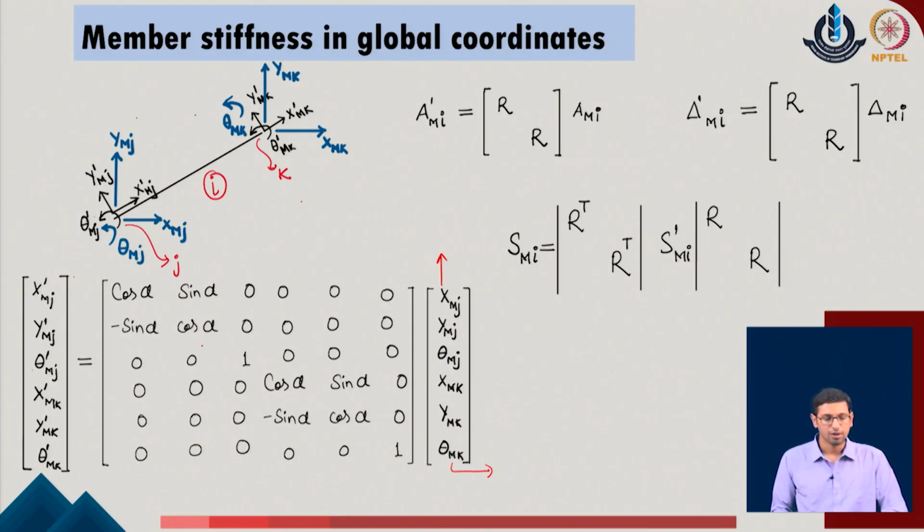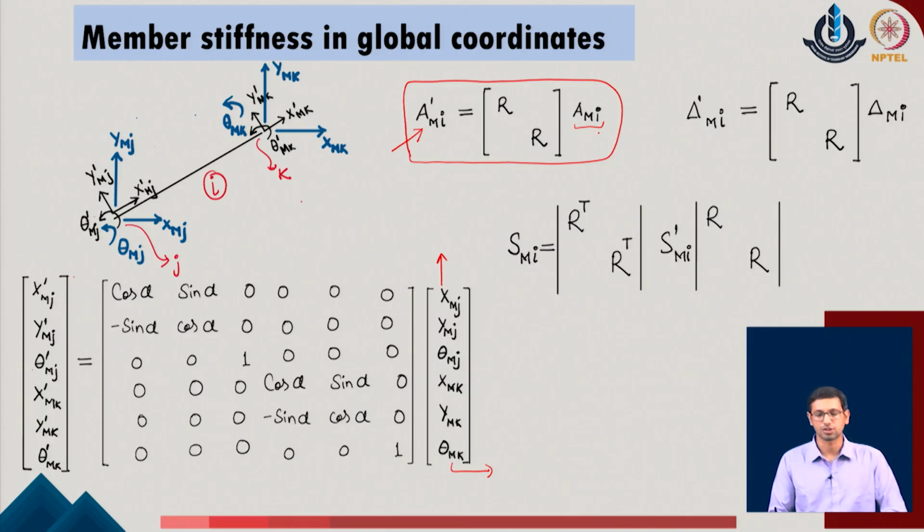With this idea, we consider that all the forces of the given system, which are defined in terms of the individual local coordinates, can also be expressed in terms of the forces in the global coordinates.